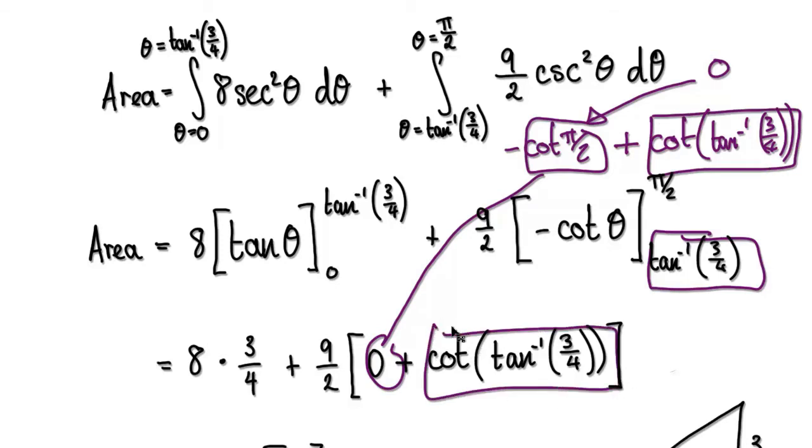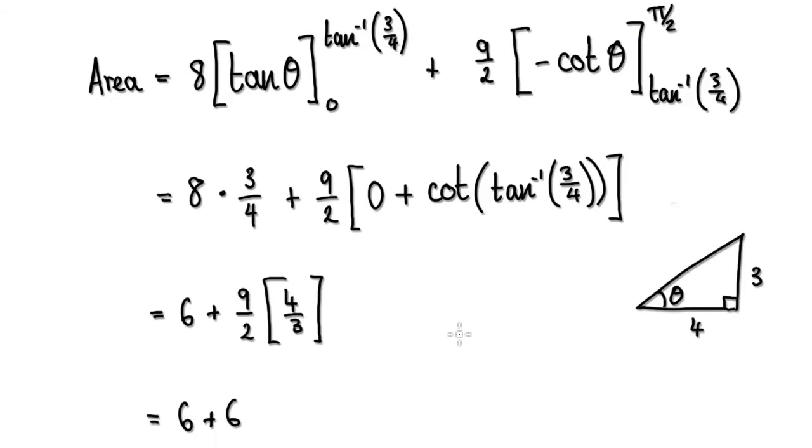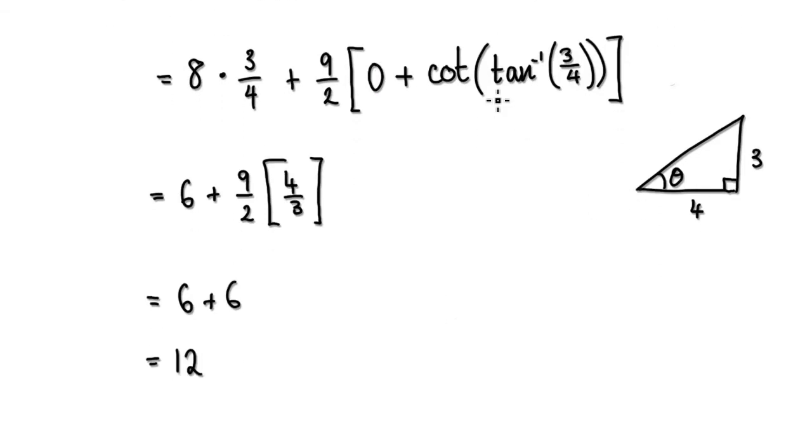So now we've just got to resolve this ugly thing here. What does it mean to have cotangent of an inverse tangent of this thing here? So your eyes should zoom into this bit here. Create a triangle where this will be true. If you create a triangle with sides 3 and 4, this block here represents the angle here.